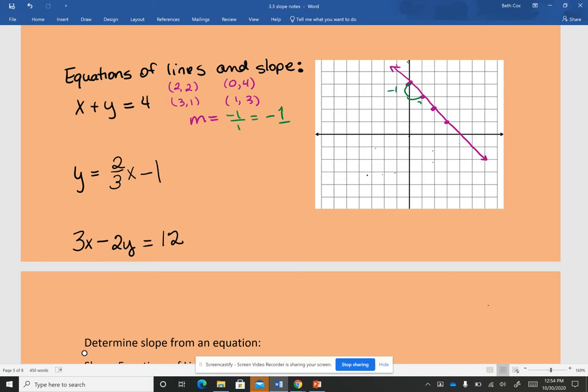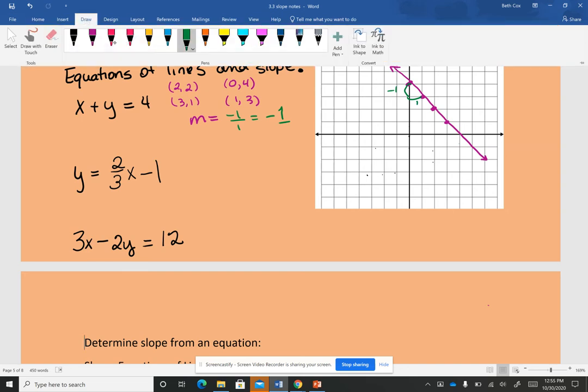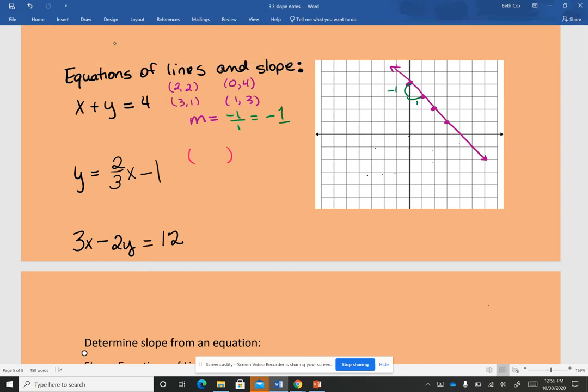Okay, now let's look at the second one. Again, we're going to put some numbers down. Remember when we talked about plugging in numbers for fractions, we like to plug in 0 first because that's easy. We're going to do that quickly in our head. If I put a 0 in for x, then I'm going to get -1 for y.